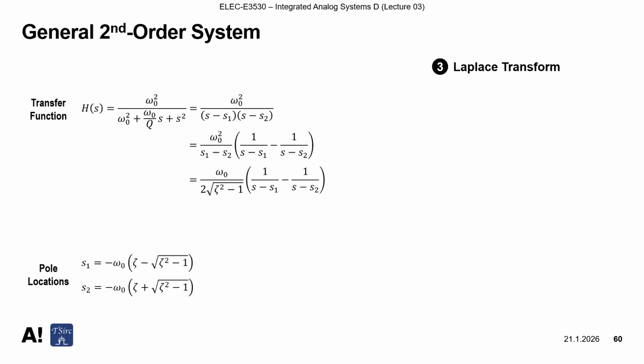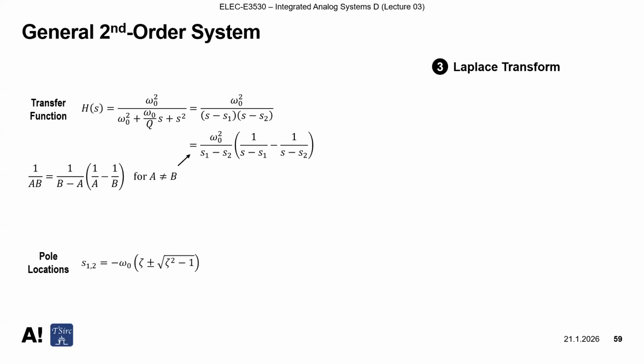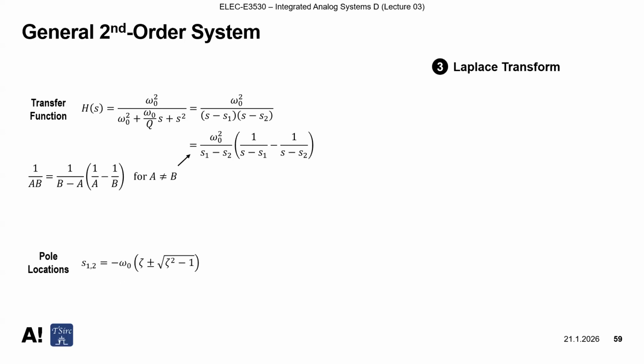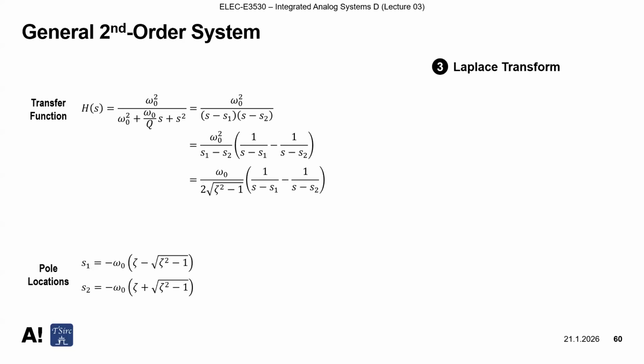Before we go into the Laplace transform, we can further simplify our equation by plugging in the pole locations that we get. Let's say s1 is minus omega 0 times zeta, minus the square root term here. We had a plus minus term, so we can take the minus term for s1 and the plus term for s2.